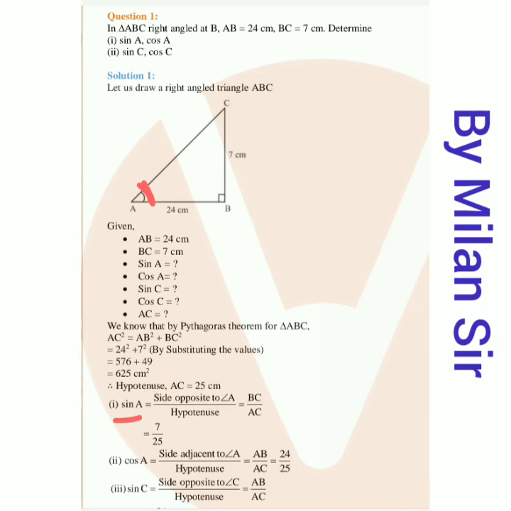Now opposite side for A is BC, and hypotenuse is AC, so BC upon AC. Now put the values of BC and AC. BC is equal to 7 and AC is equal to 25, so 7 by 25, and all the trigonometric ratios do not have any unit because it's a ratio. Okay, so only 7 upon 25.